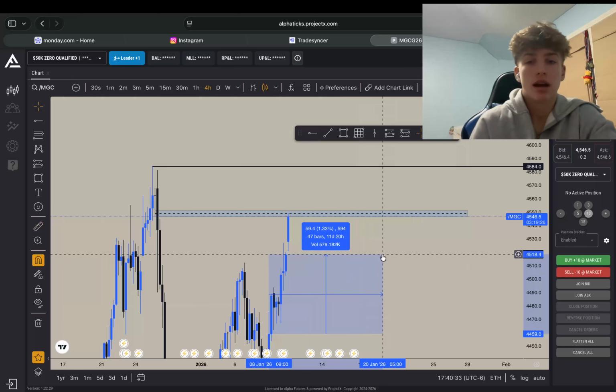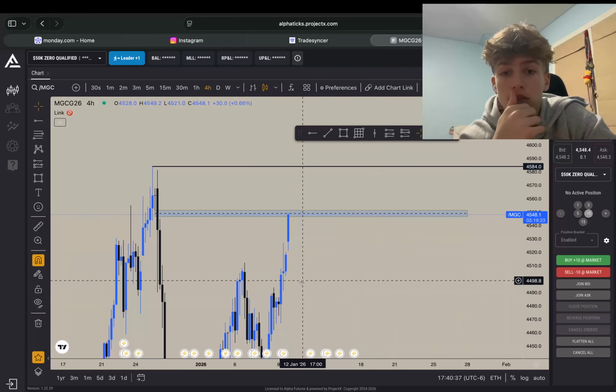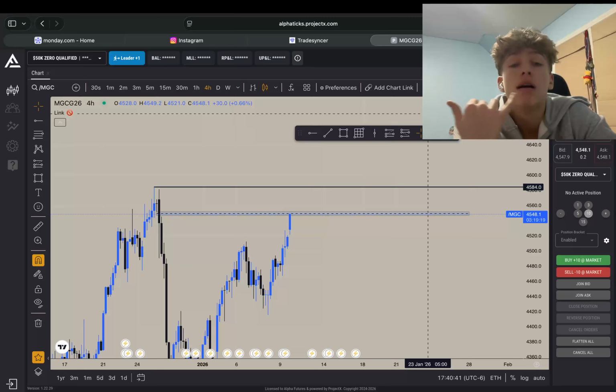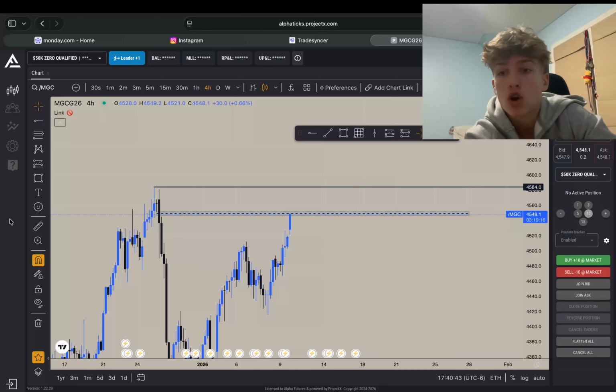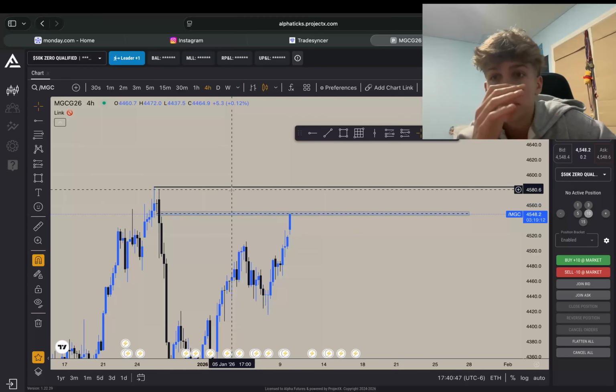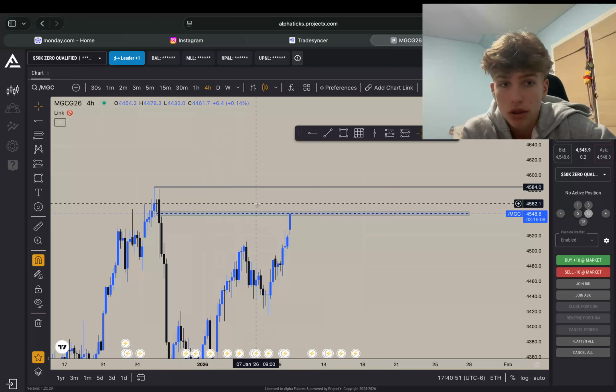Now, you might be asking, well, we're not retracing back into the zone. That's true. However, all of this buying power down here indicates that we're most likely moving up, especially because we have all-time highs right above us, and that's a very big sign because gold is usually drawn to all-time highs. That's a very strong draw on liquidity.